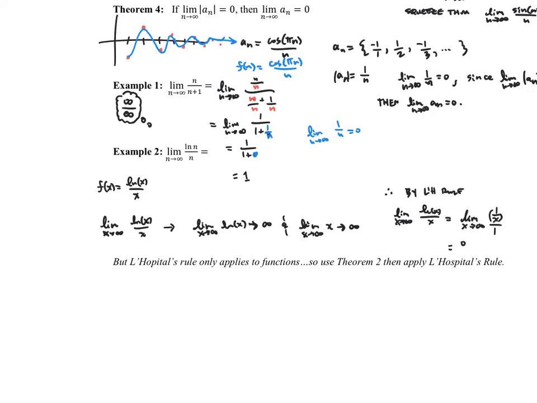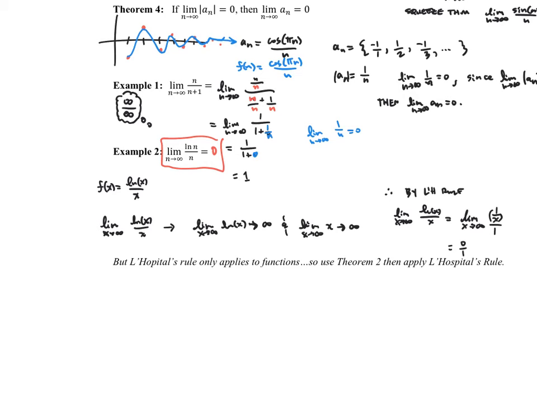Well, the limit of the numerator will be 0, the limit of the denominator will be 1. Therefore, our original limit will equal 0. That tells me that as n grows toward infinity, the rate of change of natural log of n is overpowered by the rate of change of the sequence n.